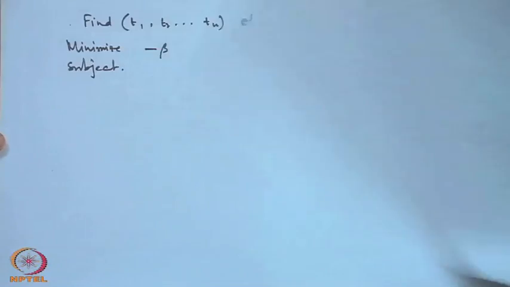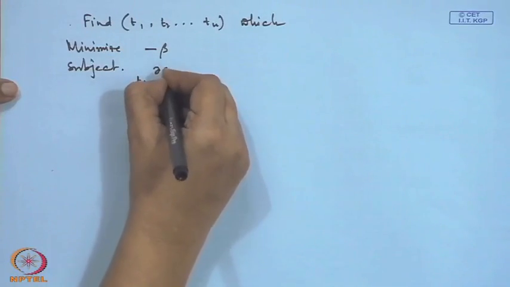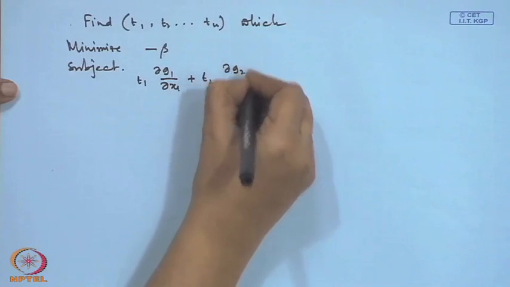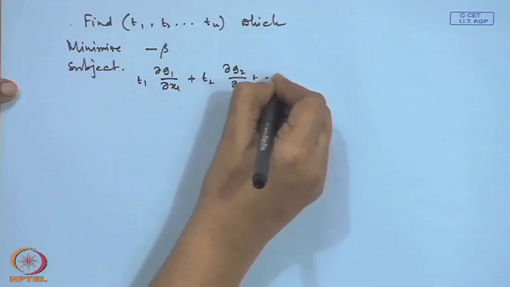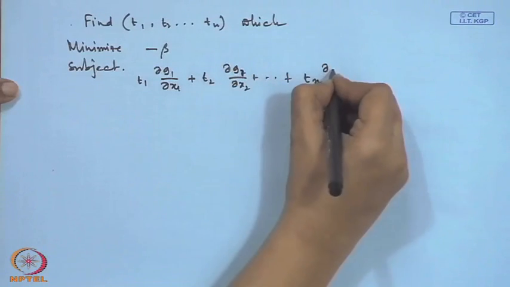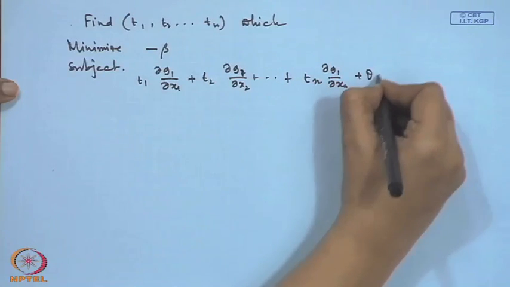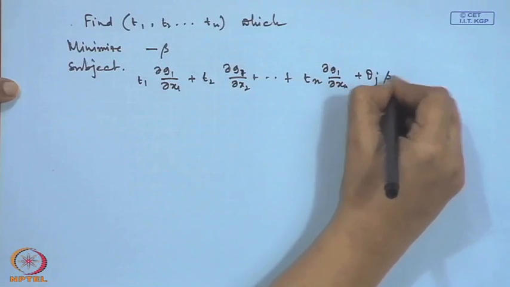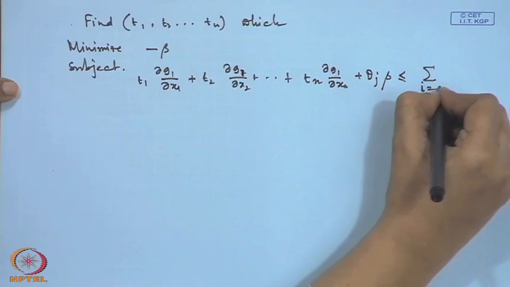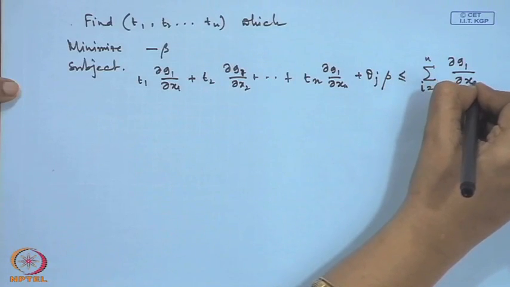Then we are considering T1 del G1 by del X1 plus T2 del G2 by del X2 up to Tn del G1 by del Xn, because for the first constraint we are considering G1, plus theta j beta less than or equal to summation i equal to 1 to n del G1 by del Xi.